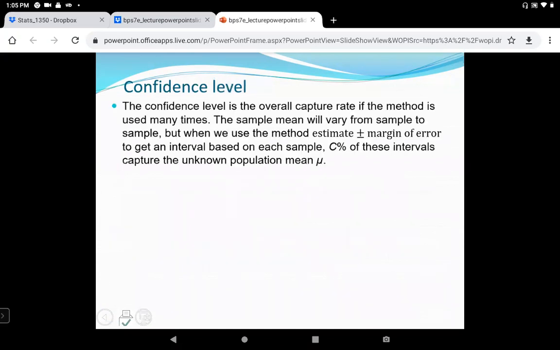Confidence level continued. The confidence level is the overall capture rate if the method is used many times. The sample mean will vary from sample to sample, but when we use the method estimate plus or minus margin of error to get an interval based on each sample, the percentage of these intervals that capture the unknown population mean mu is the confidence level.